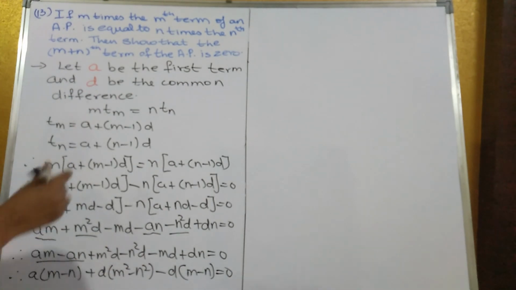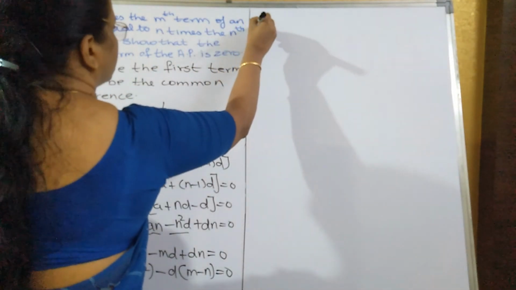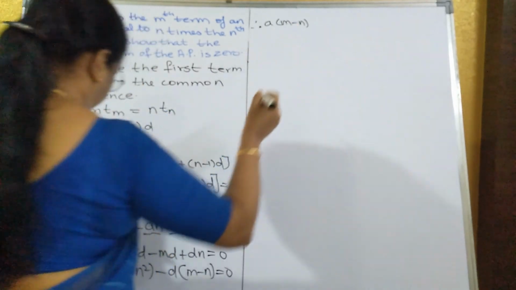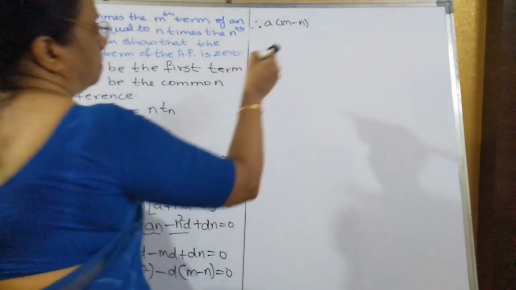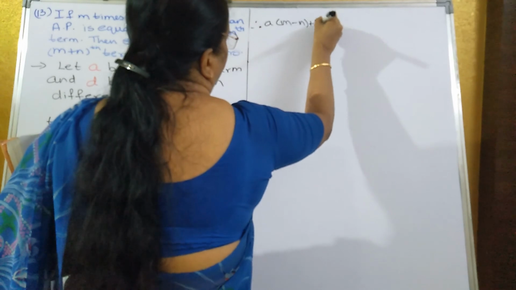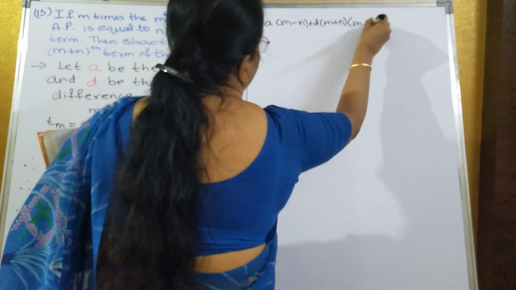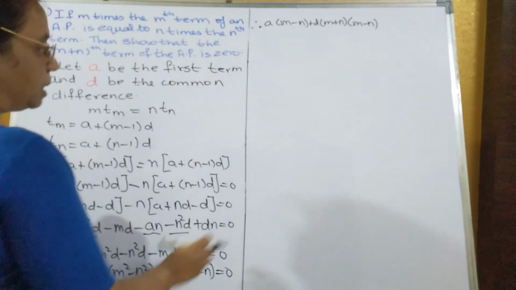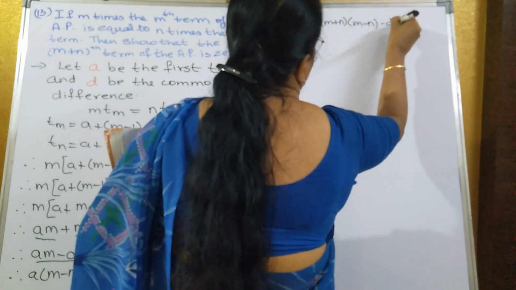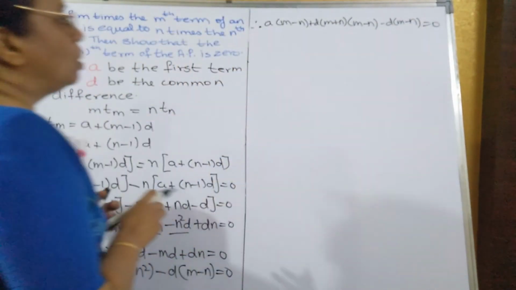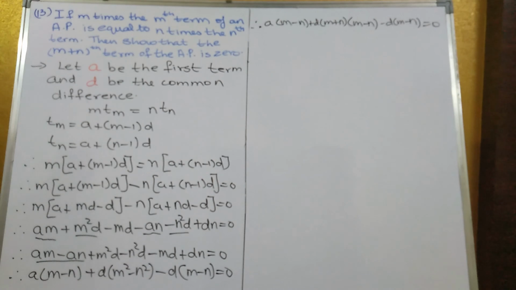So therefore a into (m − n) plus d into (m + n)(m − n) and minus d (m − n) is equal to 0. Now like the previous sum, take what is common in all of them. (m − n) is common.